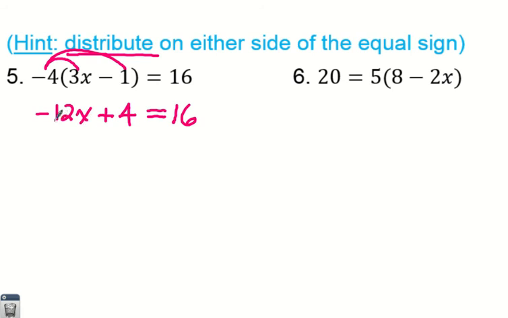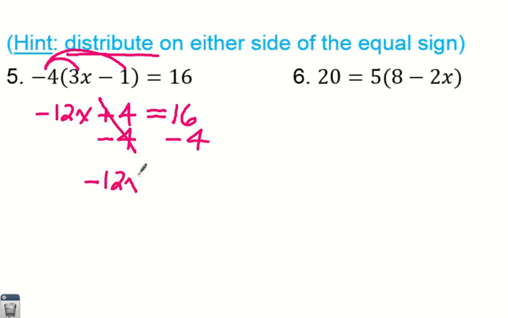And when you look at it, do I get rid of this minus 12 first, or do I take some action to get rid of that plus 4 first? Which one do I take care of first? It's got to be the plus 4. You take action to get rid of this first. What's going to make plus 4 go away? By subtracting 4 from both sides.